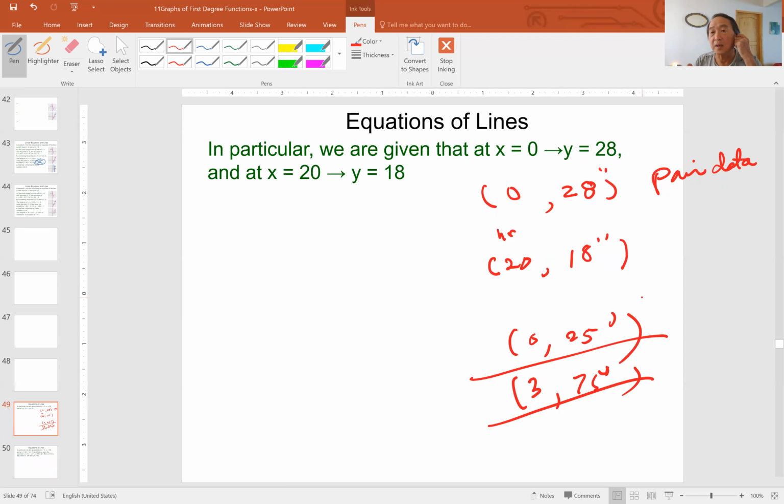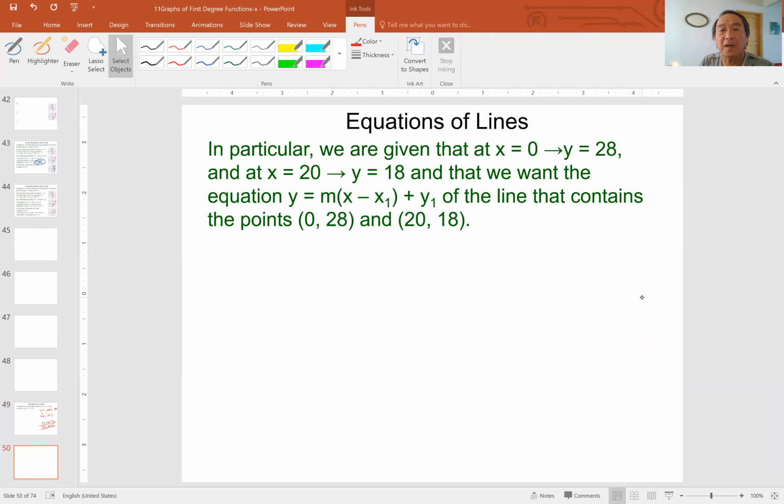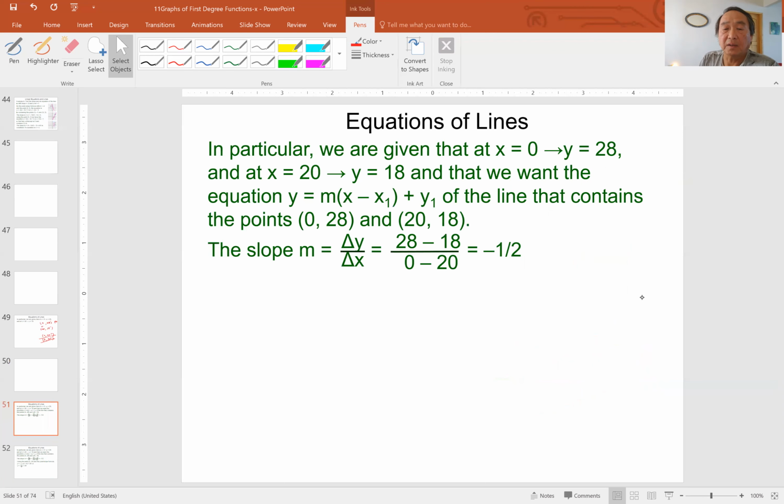What can we do with paired data? We can make a line, and we can use the line to do estimations, or educated guesses. In this case, we want to find the slope of this line, delta y over delta x. So the slope is minus 1/2.